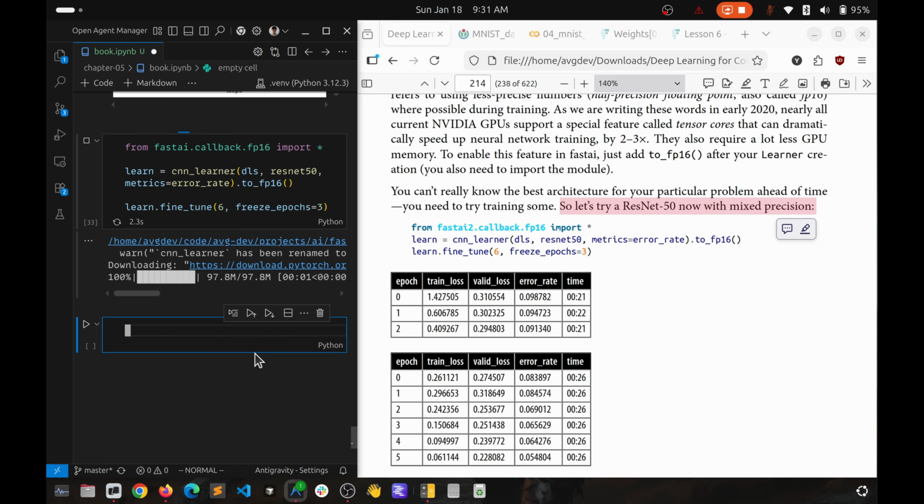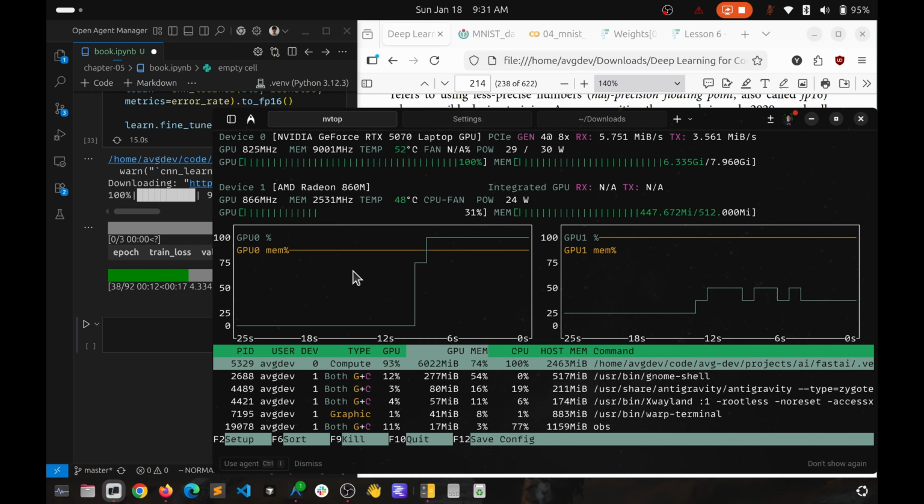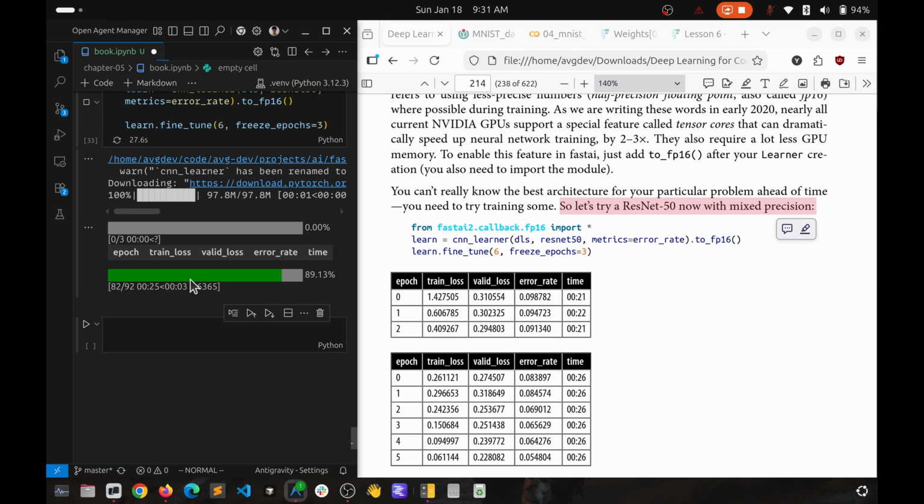Okay, let's see, it should be much faster. I think it is, because last time it was like 40 something seconds to finish. Now it's only like 20, and this thing is working quite fast too. I still don't understand how this is only 30 watts, but it's okay. I feel like I'm losing a lot of performance.